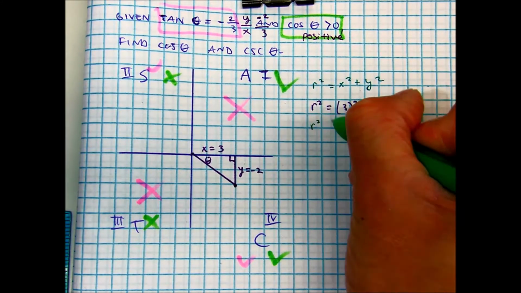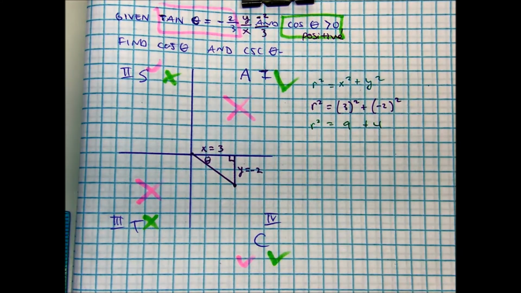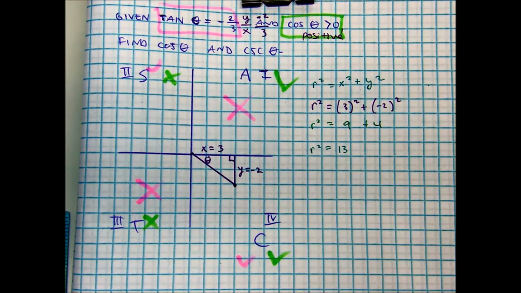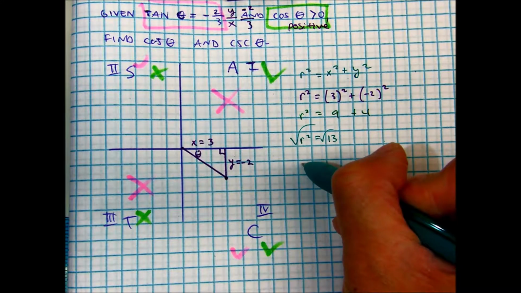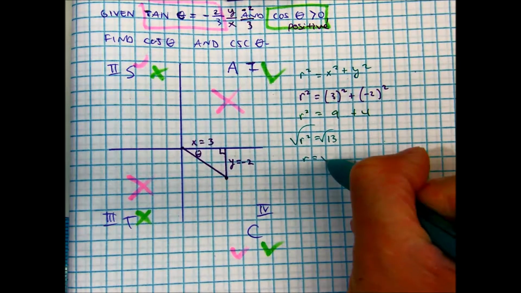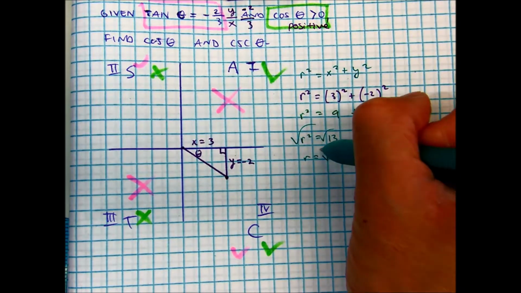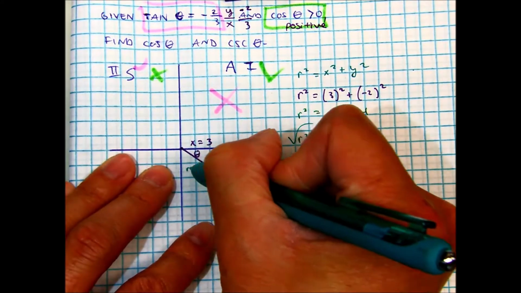R squared equals 9 plus 4. R squared equals 13. Take the square root. R equals the root of 13. Raise your hand if you got that. Remember, in math, it is a plus and a minus, but radius is a distance, so r will always be positive.